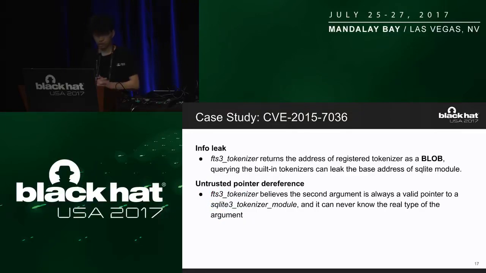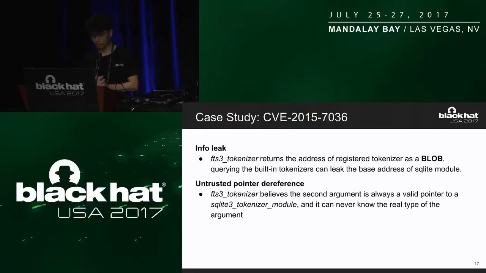To summarize the bug, it's a very powerful bug. First, it gives us the ability to leak address information. It returns the built-in tokenizer, and it leaks the base address of the SQLite module. It also dereferences any untrusted pointer.